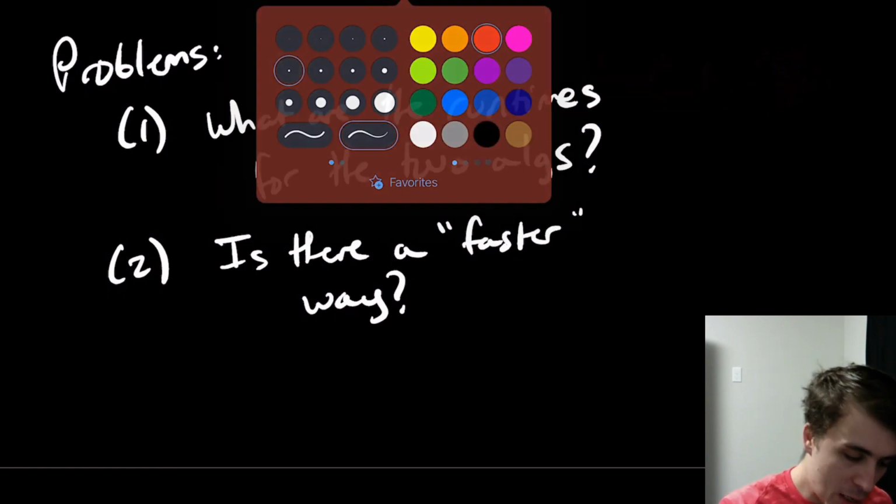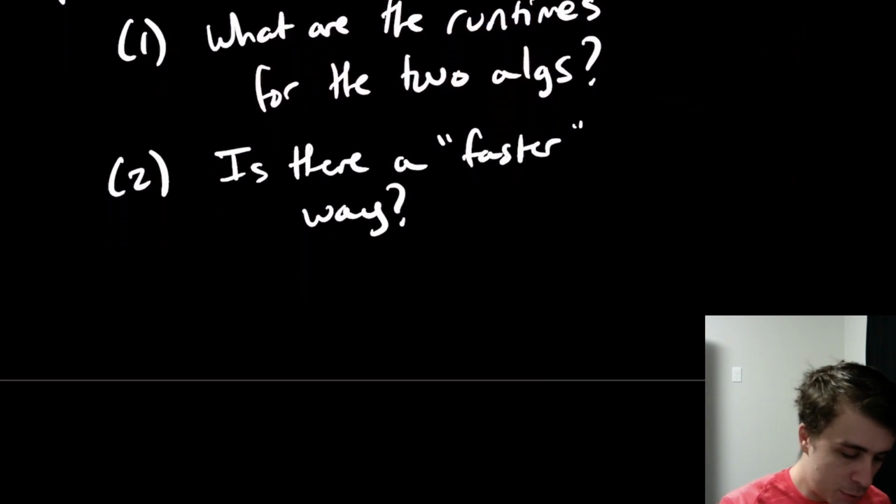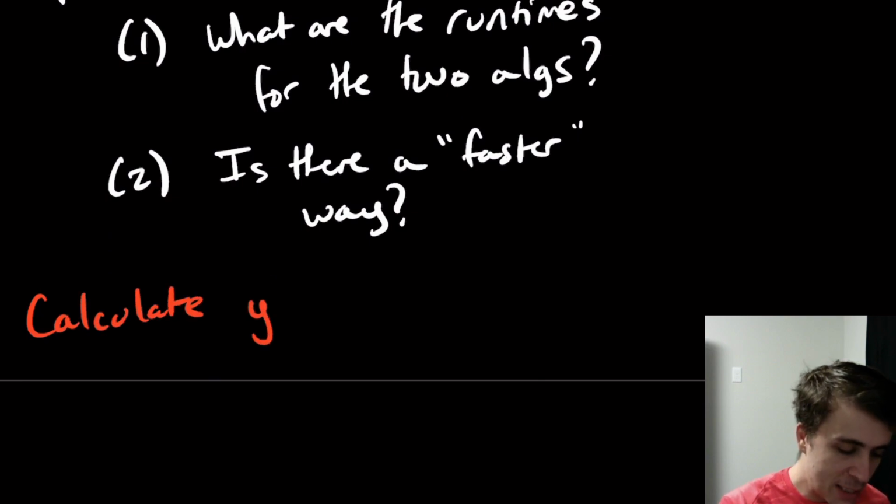So if you think of, say, I want to calculate y to the n, where n is an integer and y is an integer, so y and n both are integers.